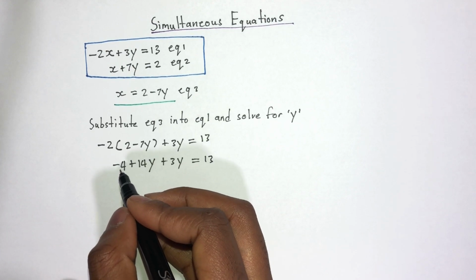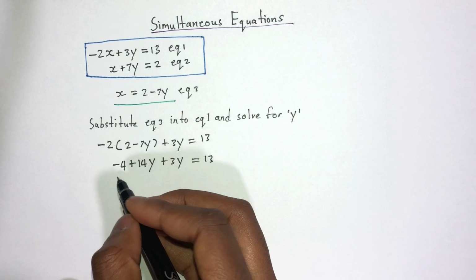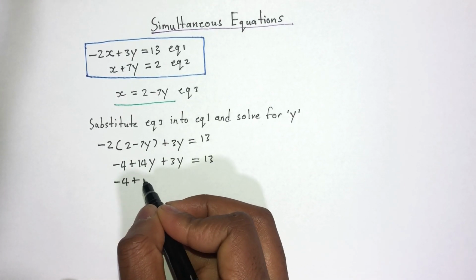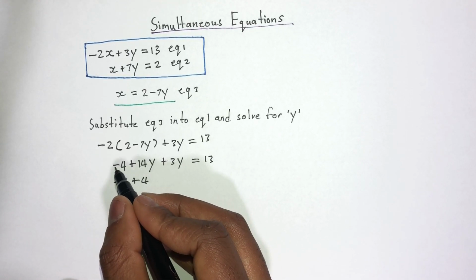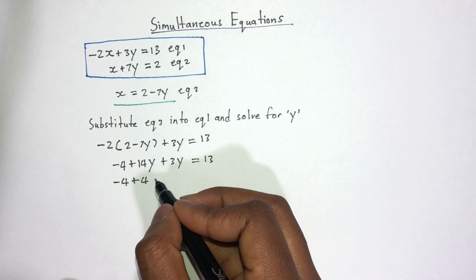So we will have to get this negative 4 onto this side. To remove the negative 4, we have to add 4 because positive is the opposite of negative. Therefore, we have to add 4.